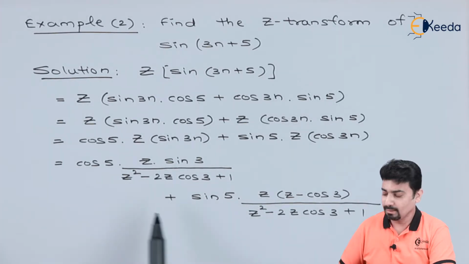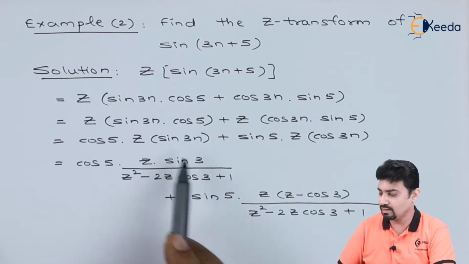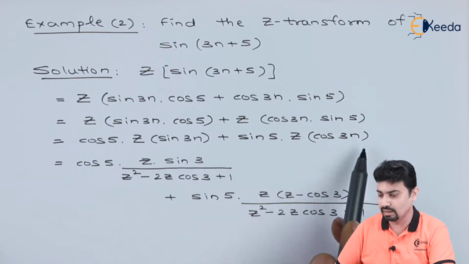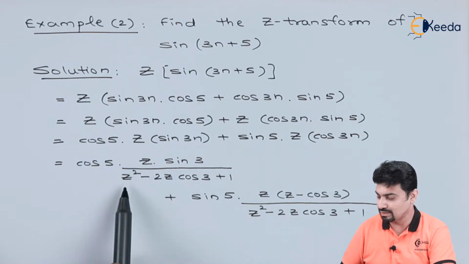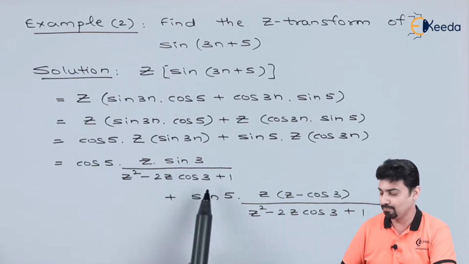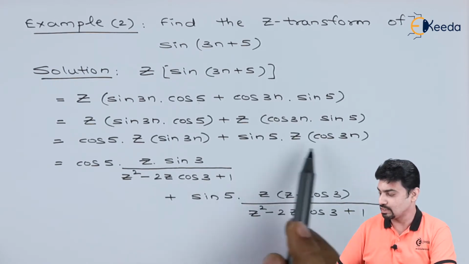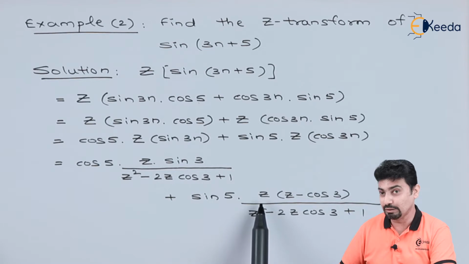So we have applied the Z transform for sine 3n and Z transform for cos 3n. That is, we get cos phi into Z sine 3 whole upon Z square minus 2Z cos 3 plus 1 plus sine phi into the Z transform for cos 3n, that is Z into Z minus cos 3 whole upon Z square minus 2Z cos 3 plus 1.